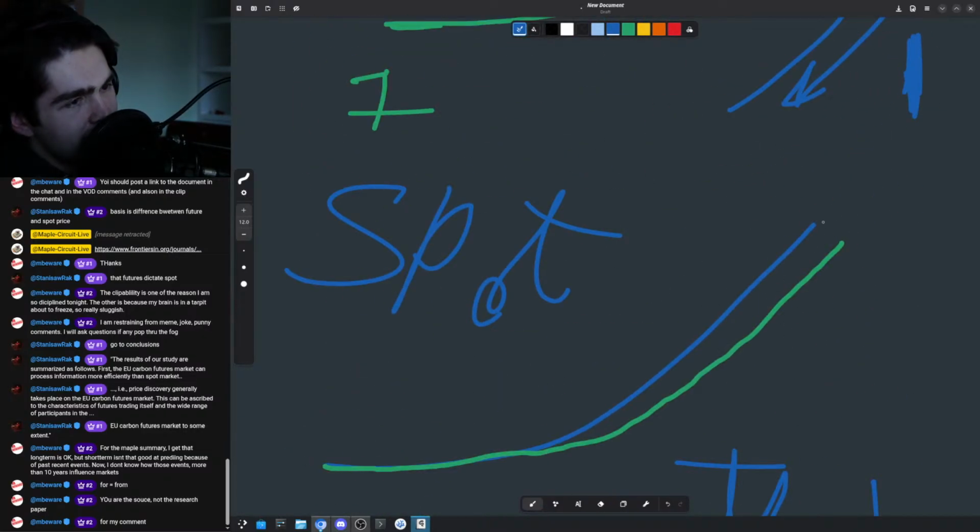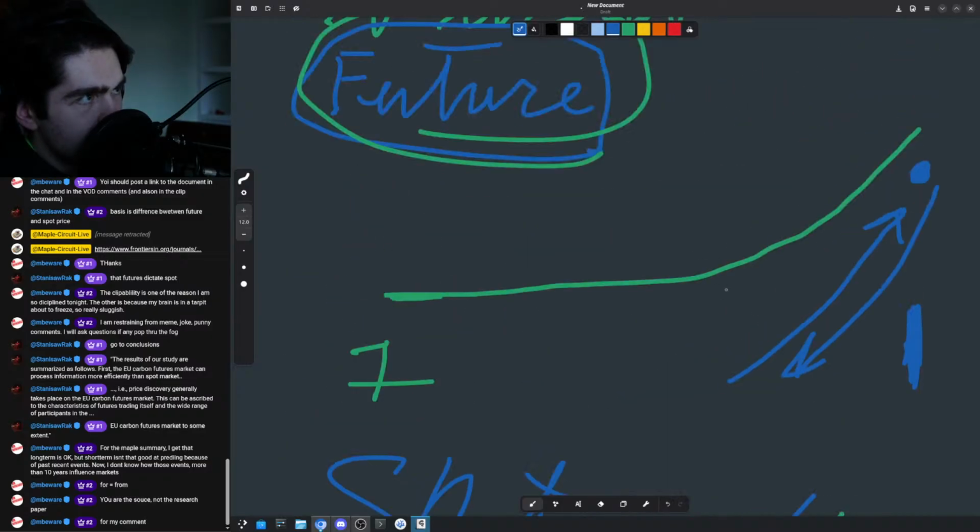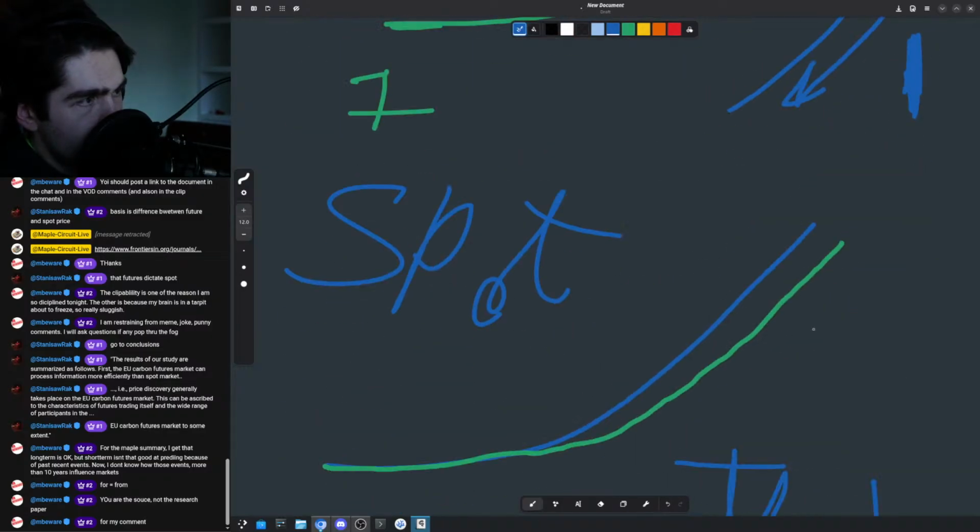So the idea, if you want to do their intertemporal arbitrage, is to say, I don't know the future value, but I know that the spot price will be leading the futures price.